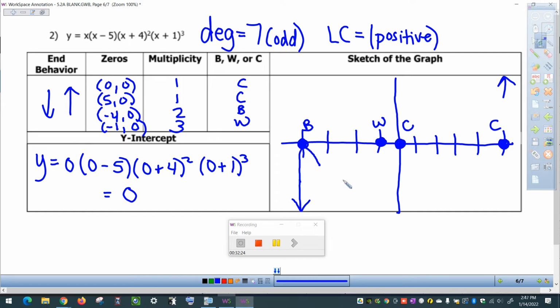Now we need to have a turning point. I don't care how far down your turning point goes. We are just doing a basic sketch here. I just want to see that it turns around so that you're ready to wiggle through the next piece. Now for the wiggle, I'm going to come up a little bit in front of it so that I can make it flat, and then I'm going to go up after that.